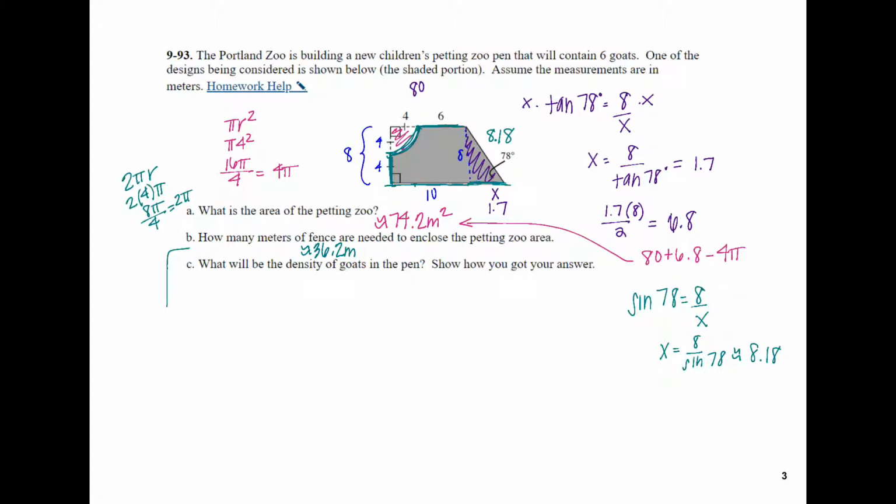What will the density of goats in the pen be? Show how you got your answer.